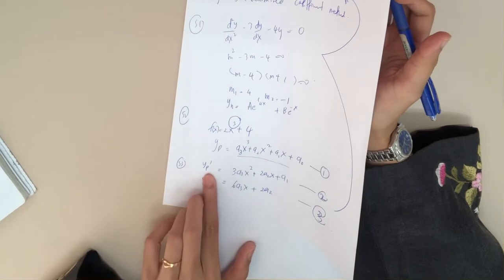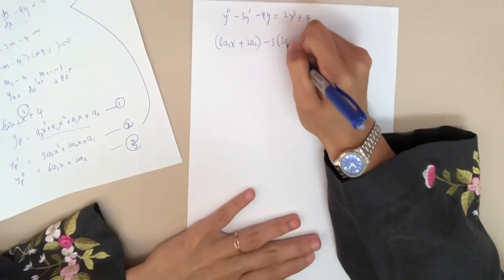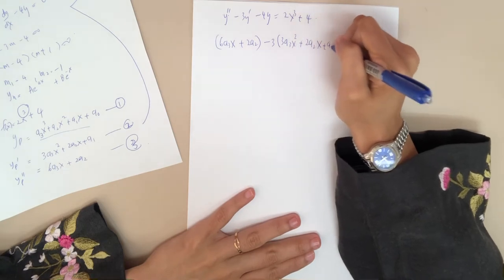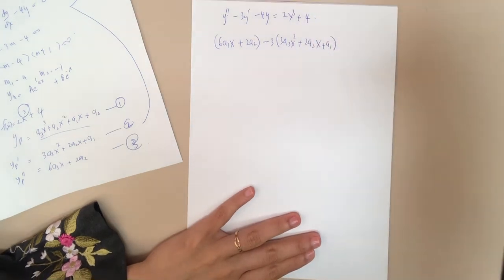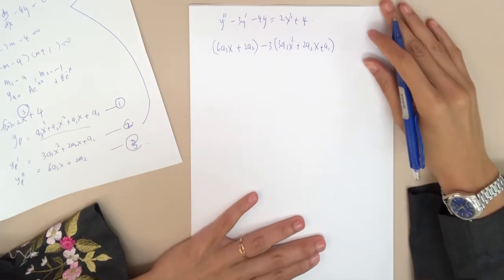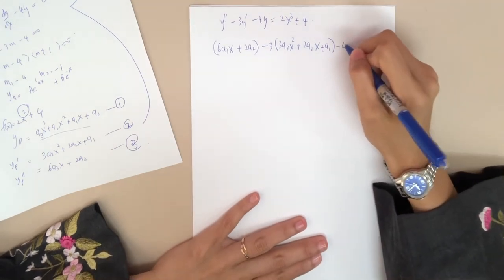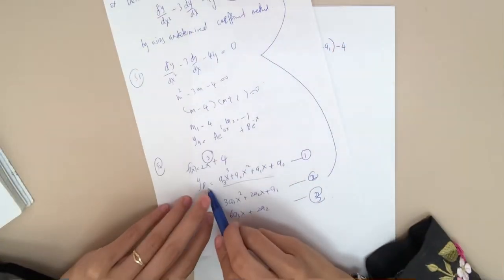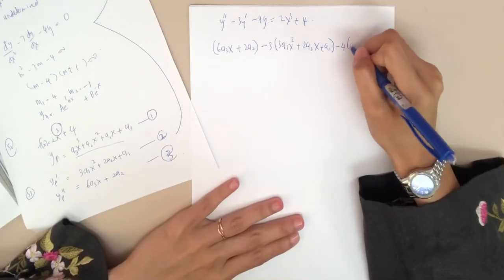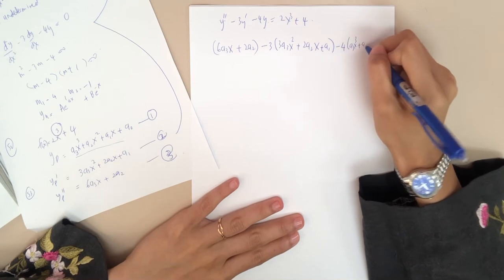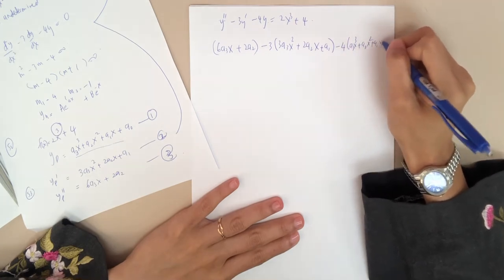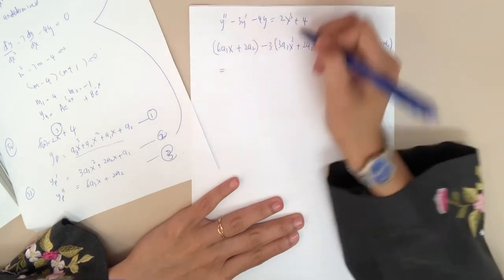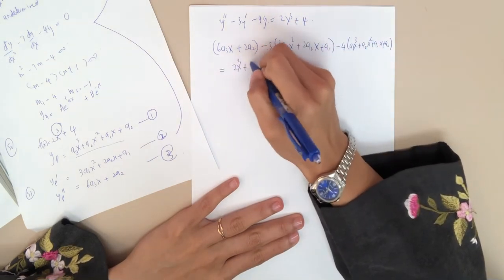So y prime here is 3a3x squared plus 2a2x plus a1. Close the bracket, and then the last one is minus 4y, and y we will replace with this one, yp. So it will be a3x cubed plus a2x squared plus a1x plus a0, and then equal to 2x cubed plus 4.